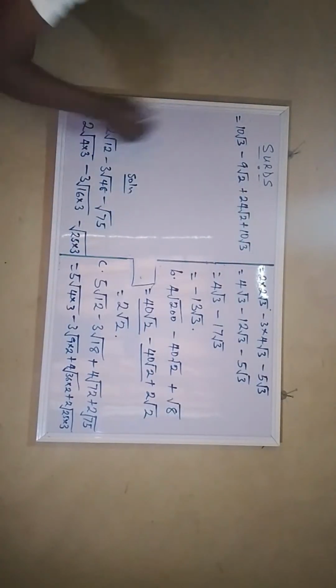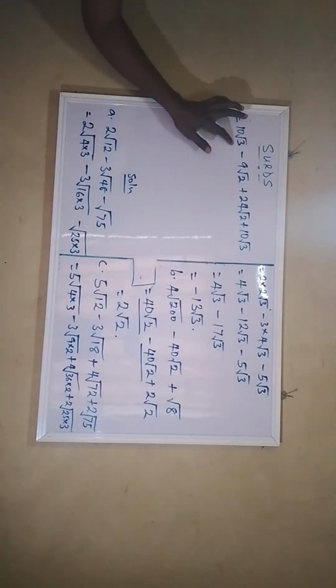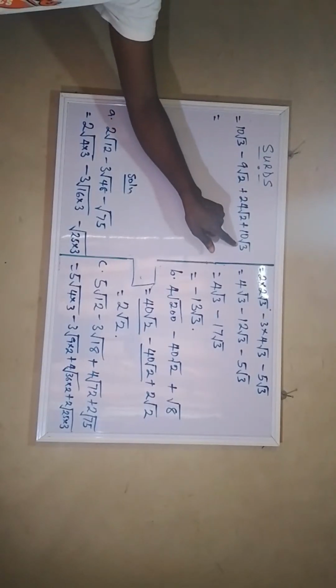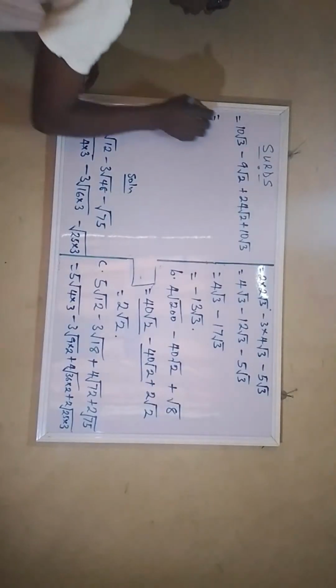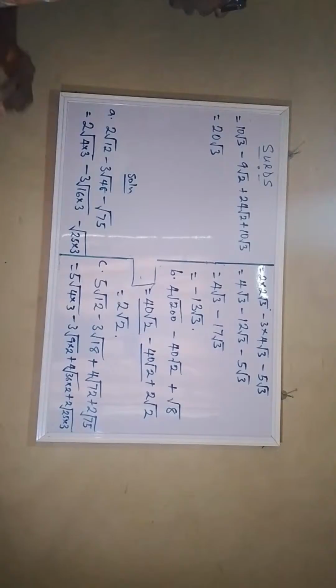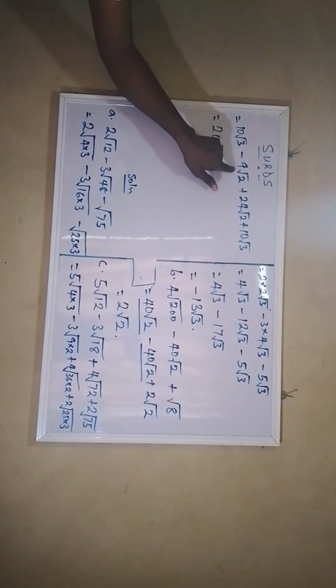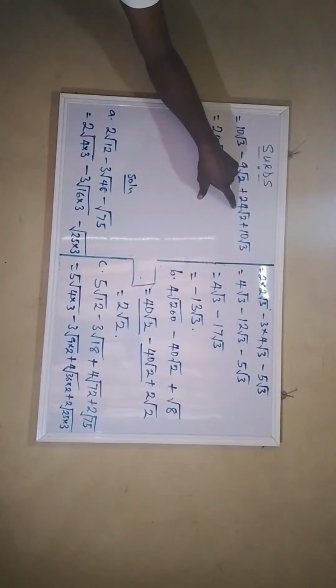All right. So now let's look at it now. So you can see we have 10 square root of 3 here. Another 10 square root of 3. How many square root of 3 do we have now? So we have 20 square root of 3. Now look at this. We have minus 9 square root of 2. We have plus 24 square root of 2.